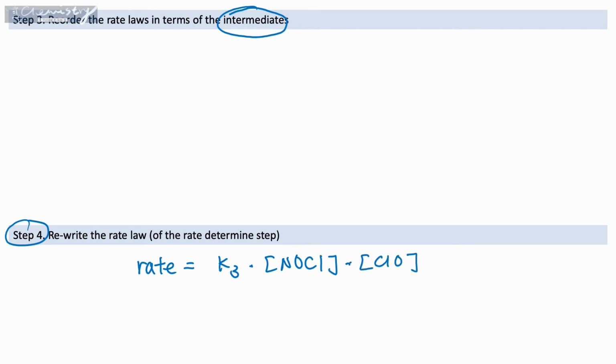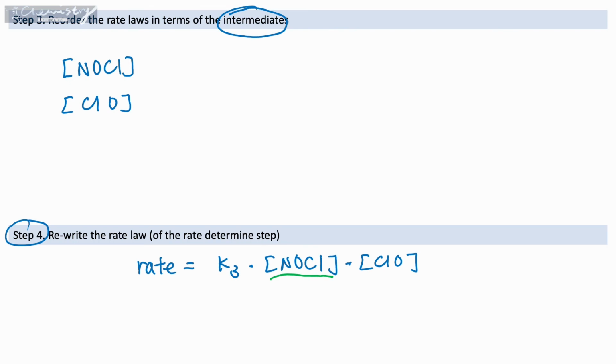That means that we have to replace the ones that have an intermediate, because remember, the concentrations of the intermediates are the hardest to track. So we have to replace the concentration of the intermediates by something that is in the overall rate, something that we can track. So the intermediates that we have to try to find a way to reorder are NOCl as well as ClO.